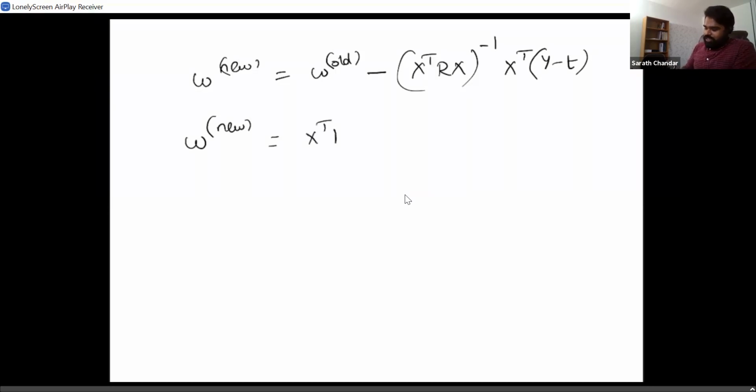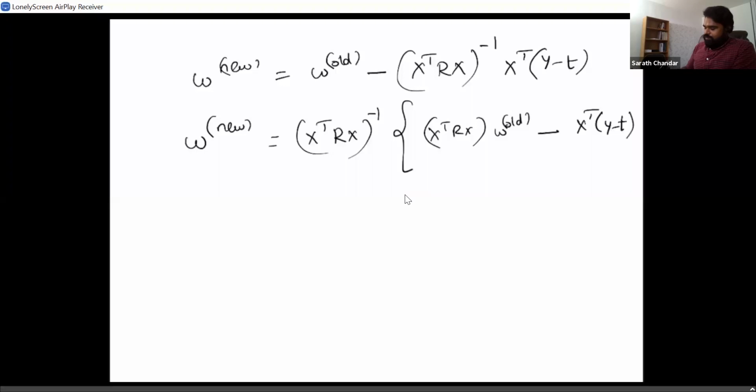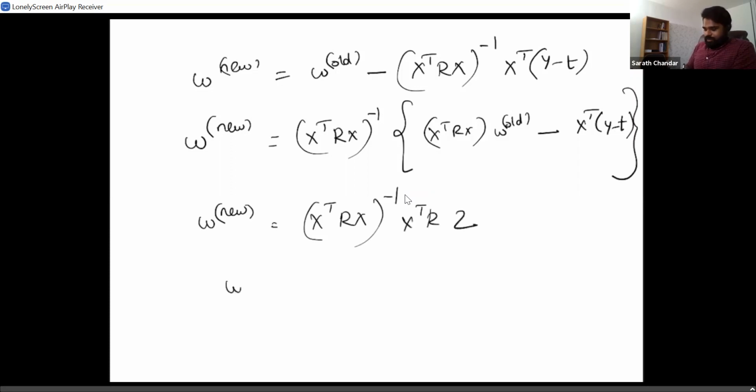I take X transpose RX inverse out, so this becomes X transpose RX times W old, so that when you multiply them, the inverse cancels, minus X transpose (Y minus T). Now I can rewrite this further as X transpose RX inverse, X transpose RZ, where Z is given by X W old minus R inverse (Y minus T).